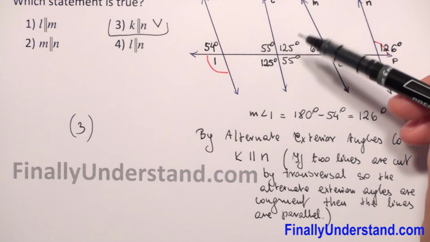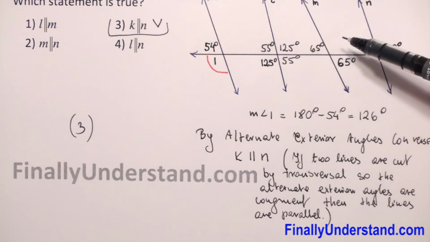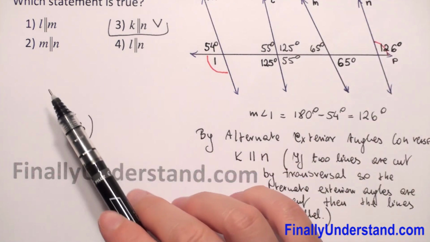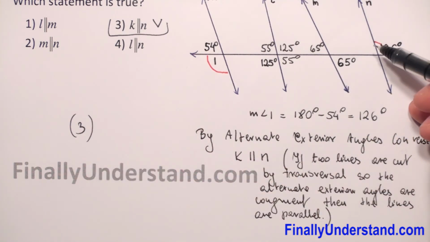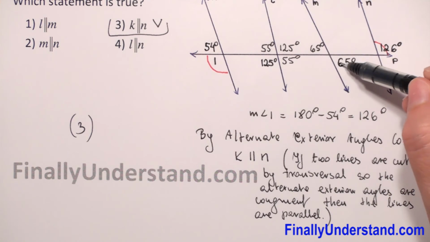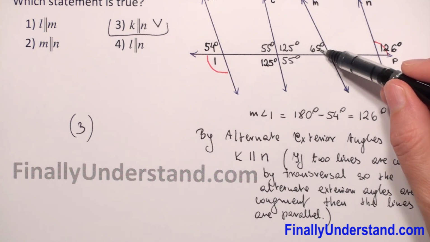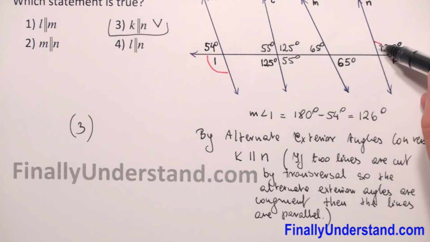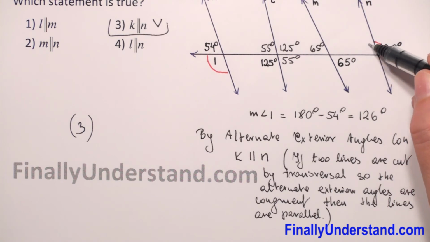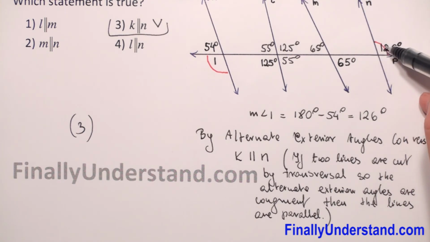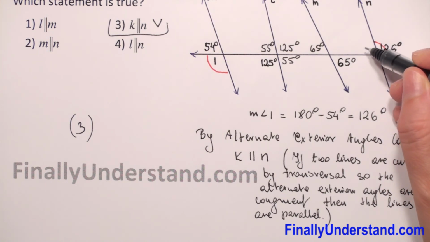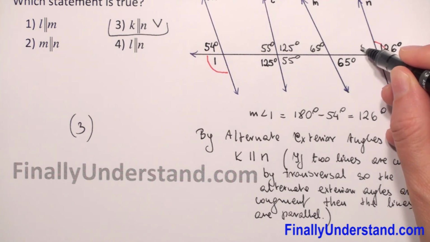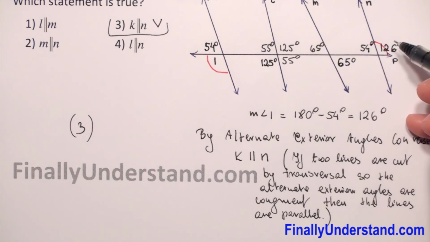What else? Line L and M is not. Like I said, for line M and N, we have this angle, and we can calculate the supplementary angle to 126 degrees is 54 degrees. So here we have also 54 degrees.